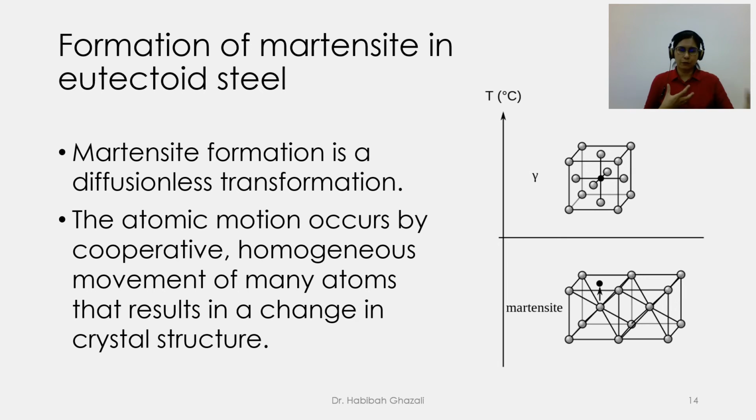What is formed instead is what we call a body-centered tetragonal microstructure. So this is martensite. The atomic motion occurs by cooperative homogeneous movement of many atoms that results in the change of crystal structure.